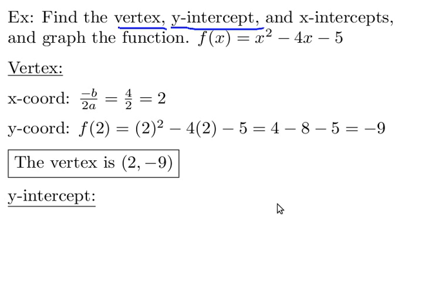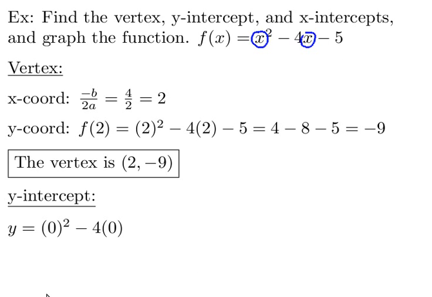Okay, so remember for the y-intercept, we replace the x with 0. So that means we have y equals 0 squared. Let's put that in parentheses again. 0 squared minus 4 times 0, 0 here, 0 here, and of course the minus 5.